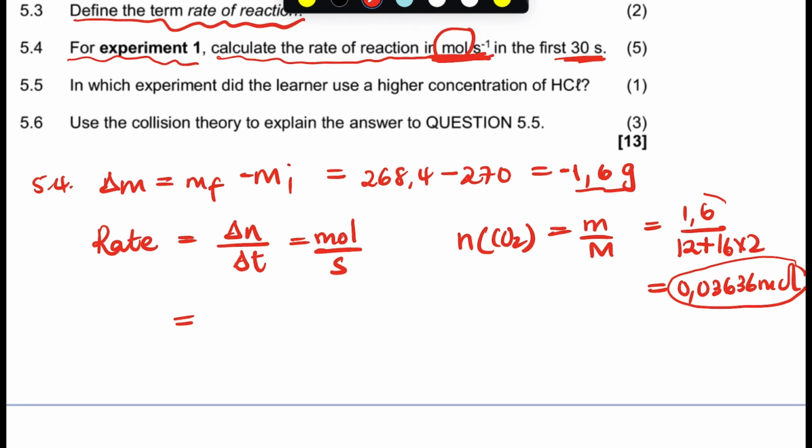From this, we have the number of moles. We're going to need the time there, right? So we're going to say 0.03636, and then we divide by the time.